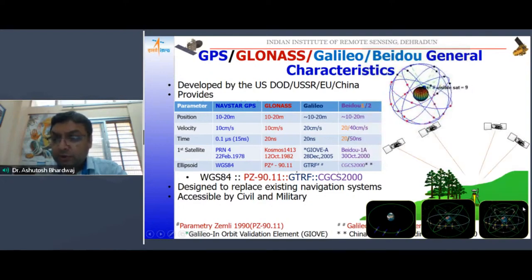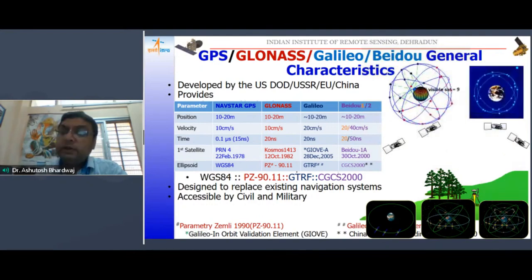So the design of the Chinese system is a bit complex as compared to Galileo, GLONASS and GPS. Galileo and GLONASS are based on a 3 orbit system, having 9 to 10 satellites in each orbit, making the number around 30 in each of them. So these are the kind of designs which have been used.